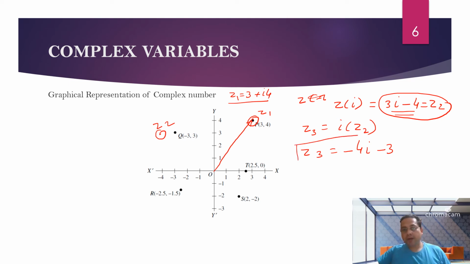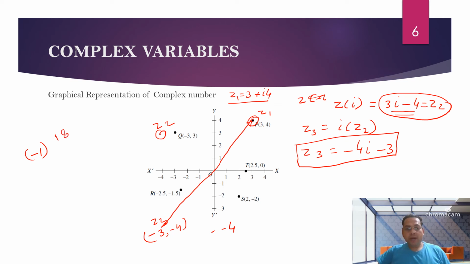Then this point z3 is minus 3 on the real axis and minus 4 on the imaginary axis, this is the minus 3 minus 4 point. It is just 180 degrees from z1, this is z3. So we can say that if we multiply a complex number with minus 1, we will have a 180 degree change.